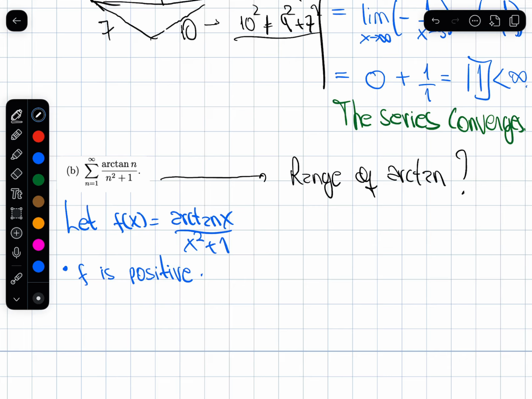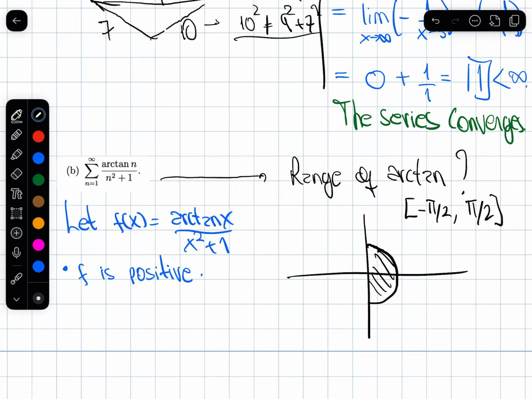Meaning, when I plug a value into arctangents, what angles does it spit back? So it should be this right half. The range is negative pi over 2 to pi over 2, meaning it is possible that we would get negative angles on this interval, but we would only get those if the tangents were negative.